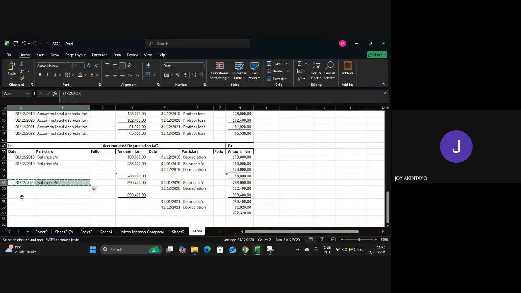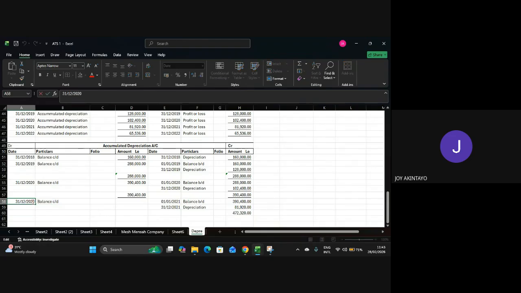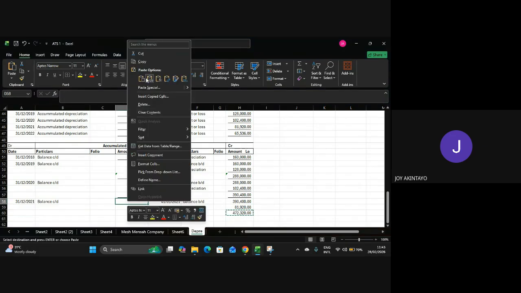Abi, as usual, 2021. Then these amounts. Are you getting it?